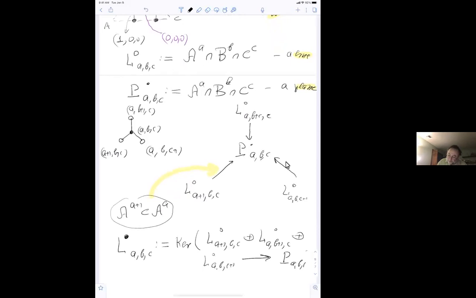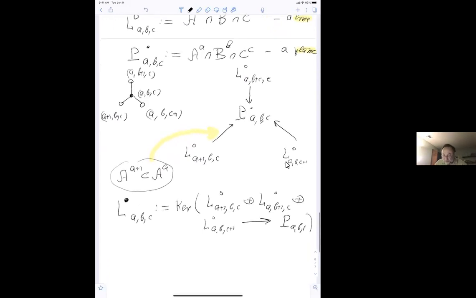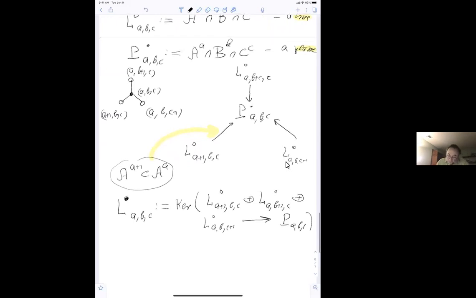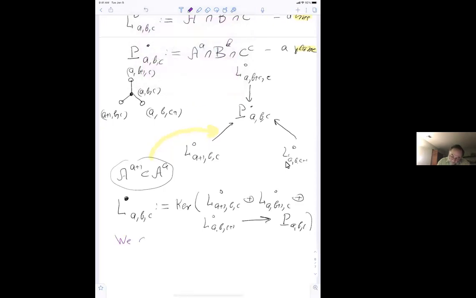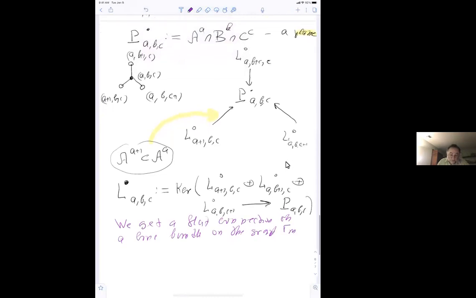So that's a line, and you can check that the condition of the flag being generic gives you that. And so all in all, we get a flat connection on a line bundle on the graph gamma m.